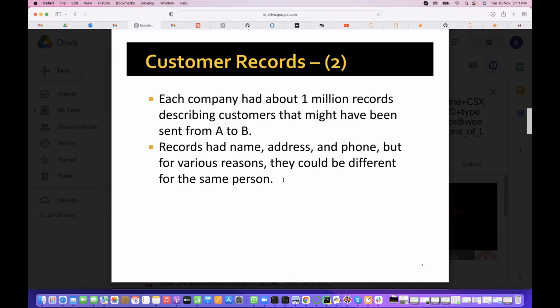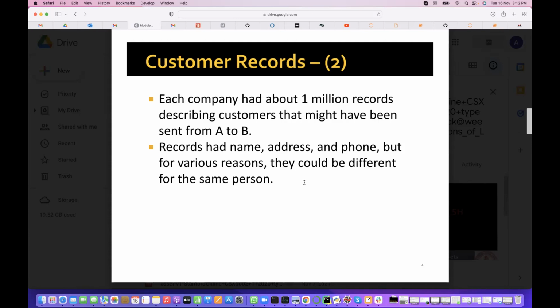Why would the phone be different for the same person? Probably for more than one reason. One is that if they hold two phone numbers, they may give one phone number at a time. The same customer might have come back to B, and by that time you may have got a second phone number, or lost the first one, or are not using the first one.